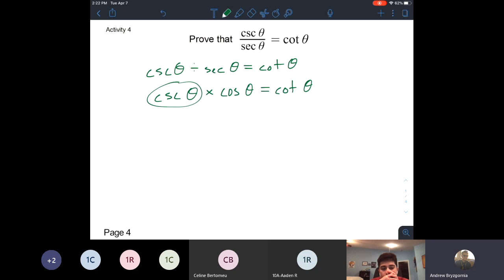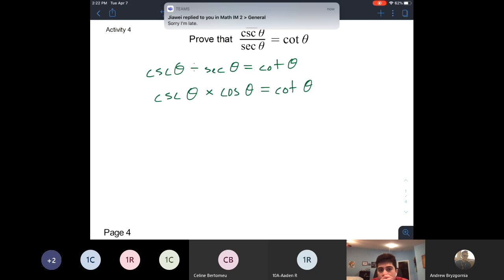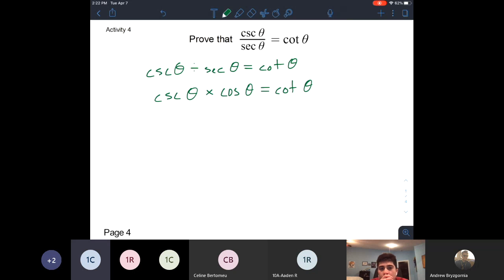Then over on the left side, I'm going to take that cosecant and I'm going to rewrite that as well. And what is cosecant equal to? Sine.